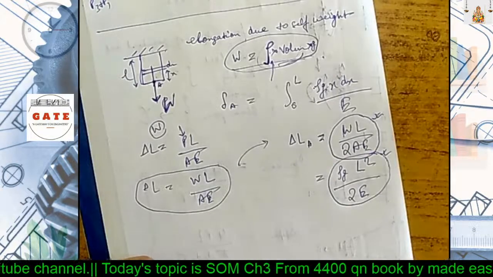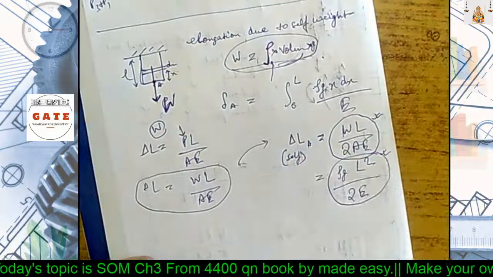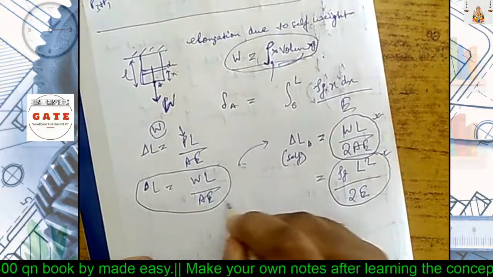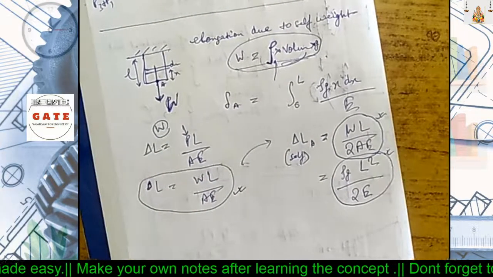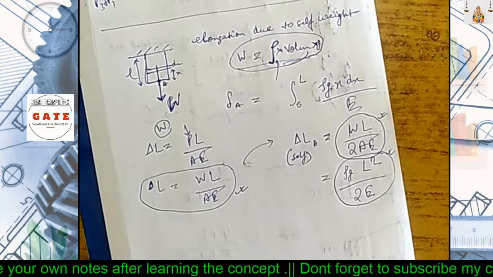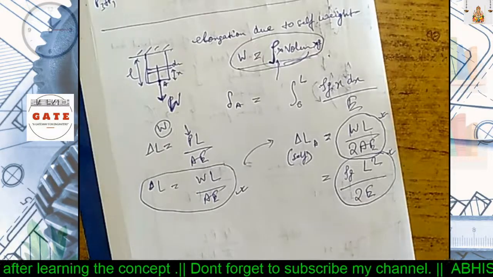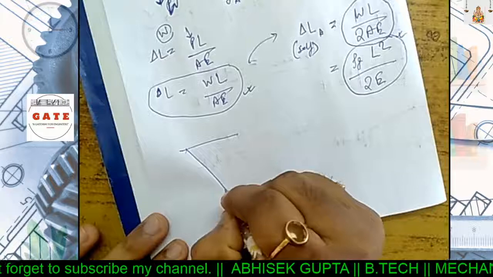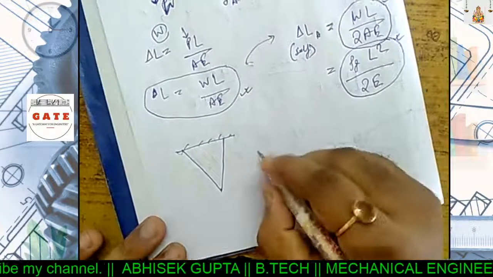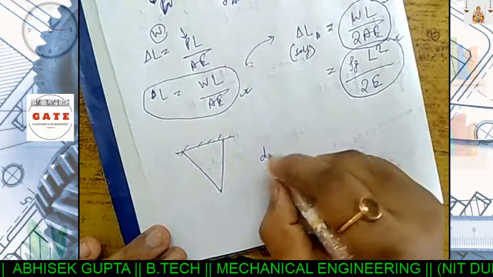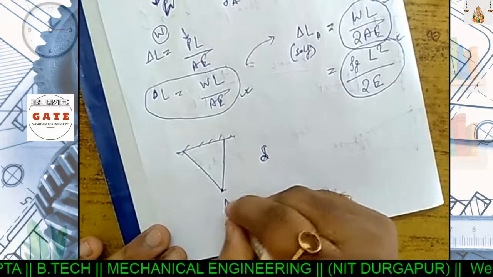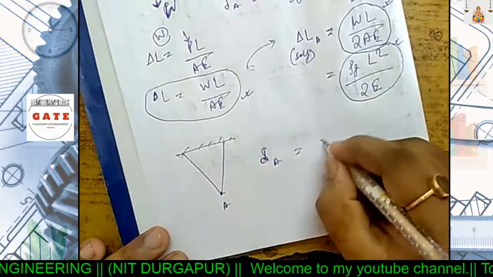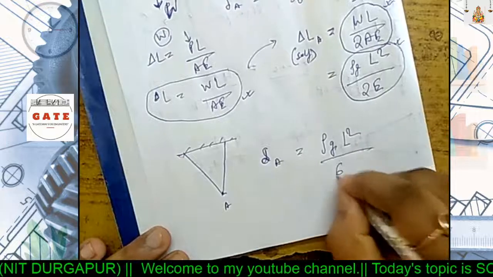So delta L due to self weight of a prismatic bar, the elongation is this, and when a load is applied, then this is the elongation. Okay, this is for the prismatic bar, and for the conical bar, the elongation due to self weight, delta at point A, is given as rho g L square upon 6E.